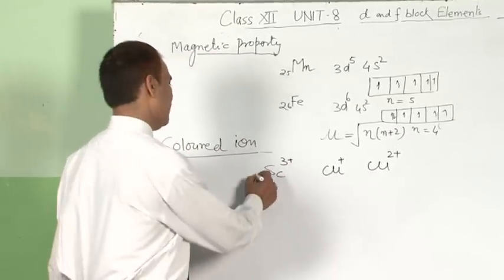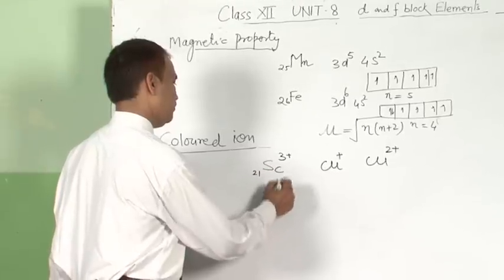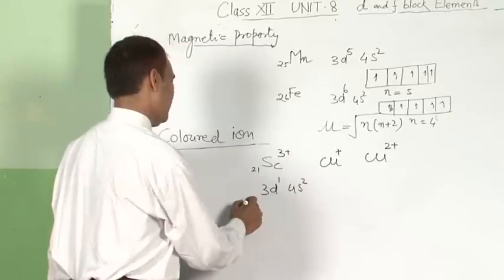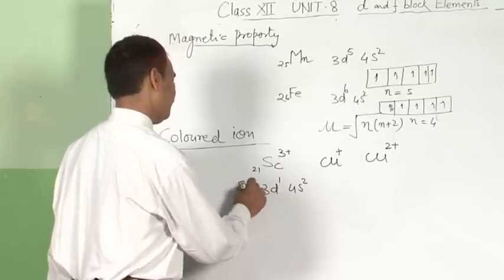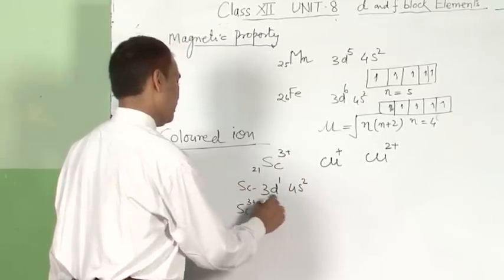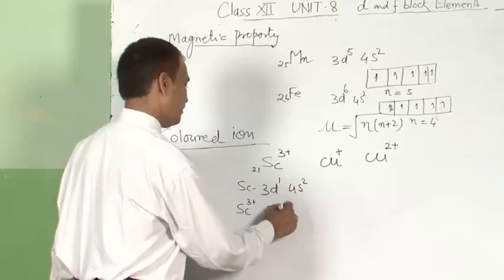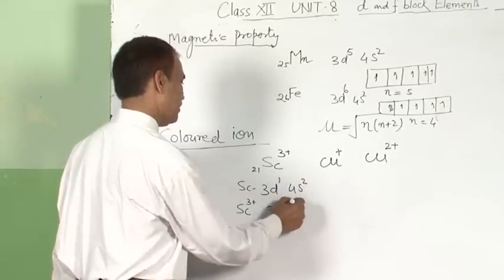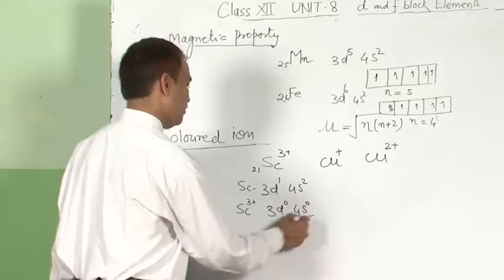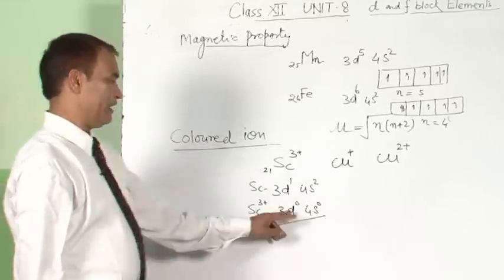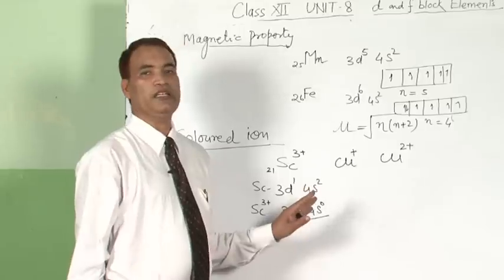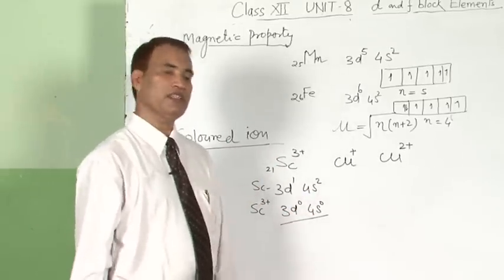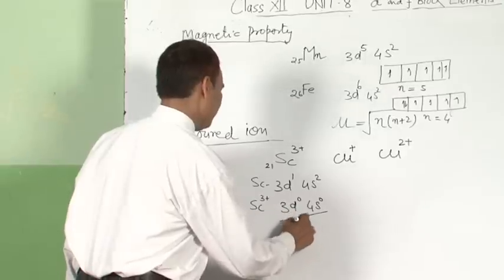The atomic number is 21, so it will be 3d1, 4s2 for scandium, and for Sc3+, there is loss of 3 electrons, 2 from s orbital, 1 from d orbital, it becomes 3d0, 4s0. If there is an unpaired electron in d orbital, it is colored. If it is completely filled or no electron in d orbital, it is colorless. So it is colorless.